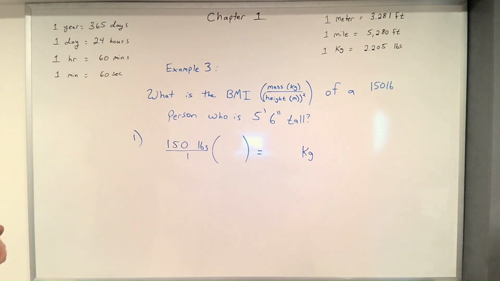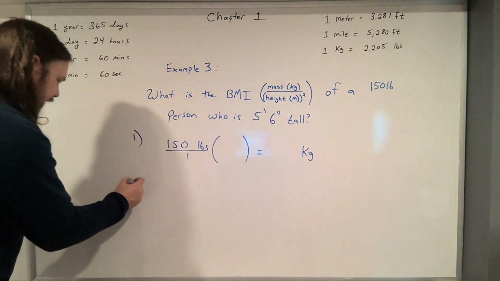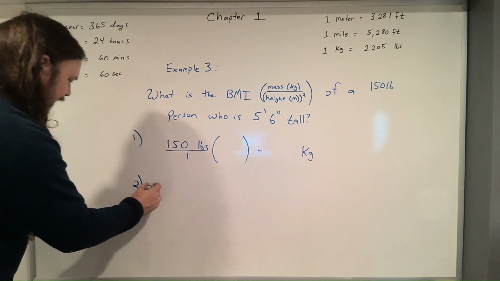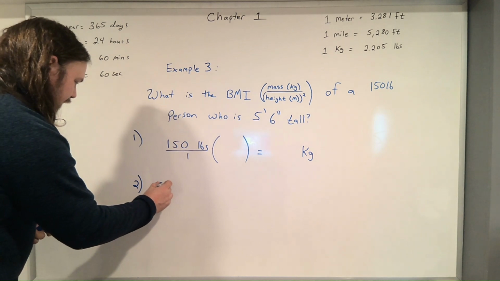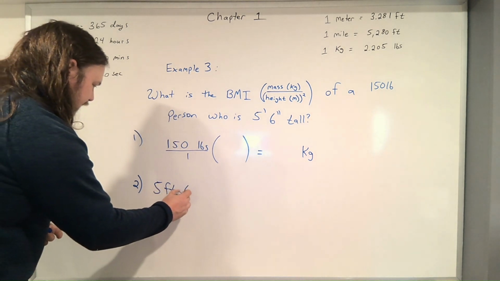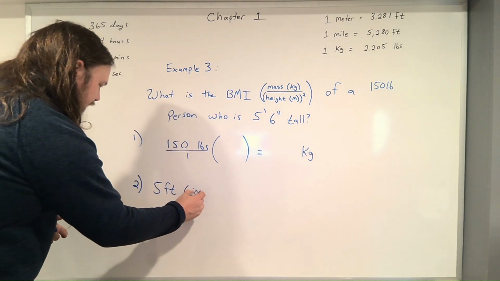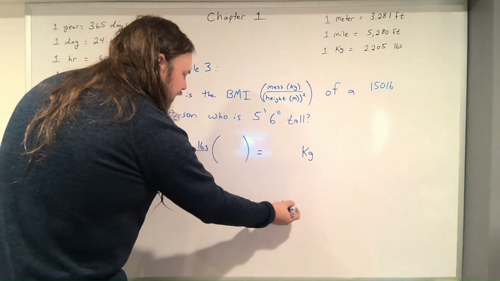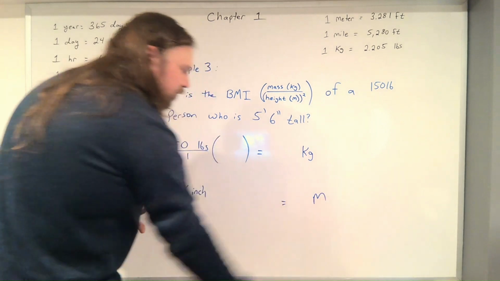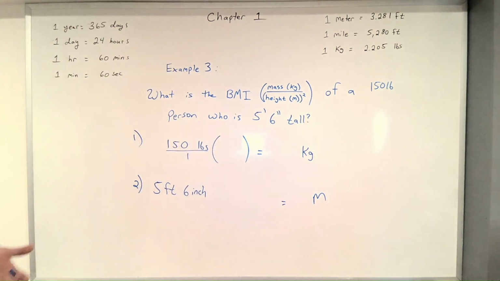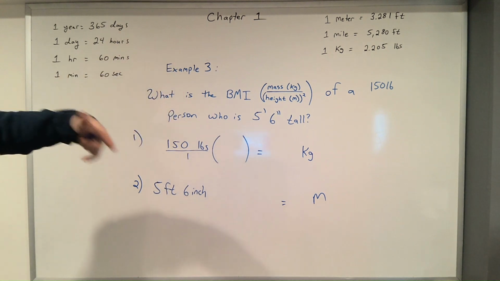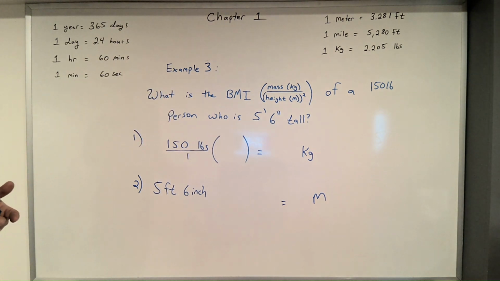For the second part, I am looking for a height. I'm looking for something in meters, but I'm given 5'6" and I want to get something in meters. And then what I'll do is I'll combine them. I'll plug in where mass is in kilograms, where meters is in meters. I'll plug them into the end.